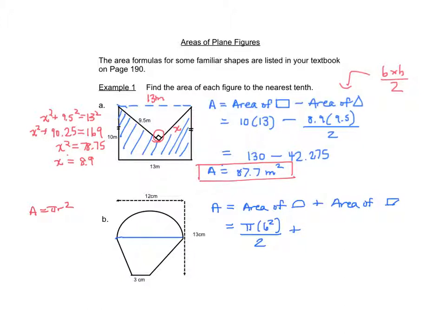And the area of the trapezoid at the bottom can be found by using the area formula that you may be less familiar with for trapezoids, which is A equals h times (a plus b) divided by 2. And in that formula, a and b are the horizontal side lengths, as I've indicated here for you.